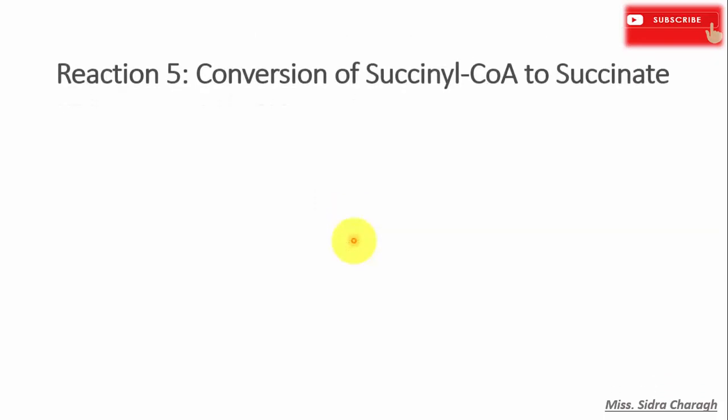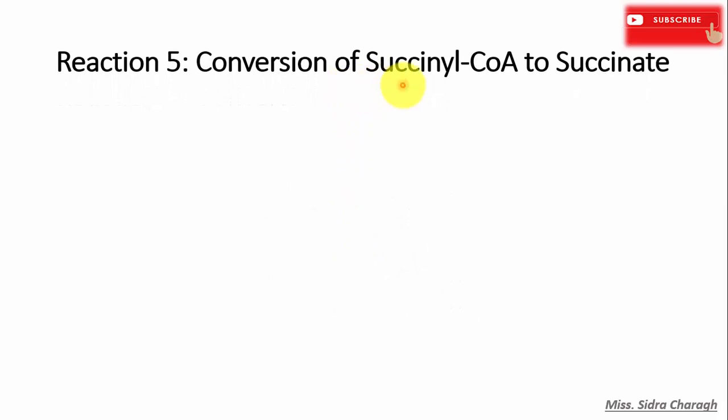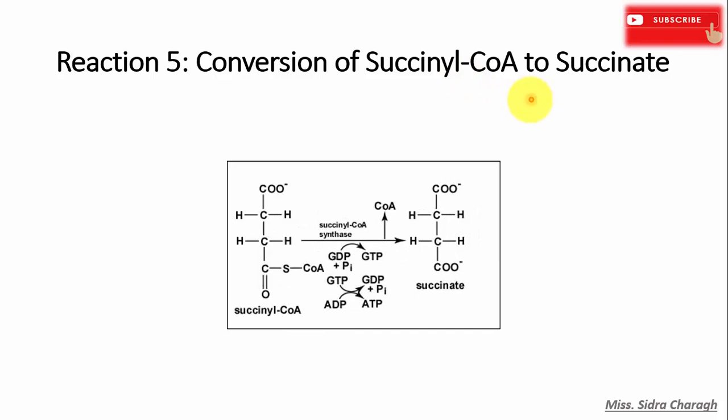And step 5 is the conversion of succinyl-CoA to succinic acid. Here CoA is removed from succinyl-CoA to produce succinic acid or succinate, and the energy released here is used to make guanosine triphosphate from guanosine diphosphate, as phosphate is added by substrate level phosphorylation.